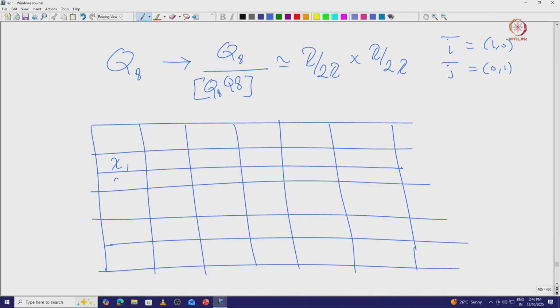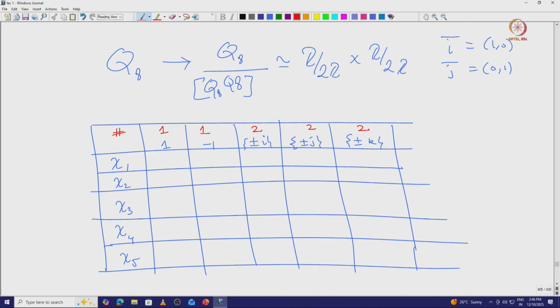Here is chi 1, chi 2, chi 3, chi 4, chi 5, and on the other hand we have all possible conjugacy classes here: 1, minus 1, plus or minus I, plus or minus j, plus or minus k. Now if we look at the number of elements in the conjugacy class, this is exactly 1, this is again 1, this is 2, this is 2, this is 2. Now we are going to use all this information.